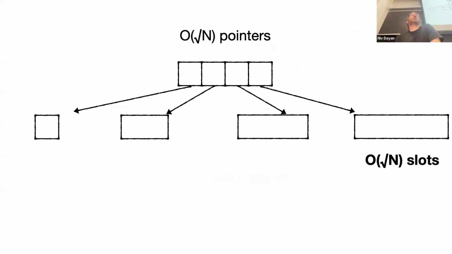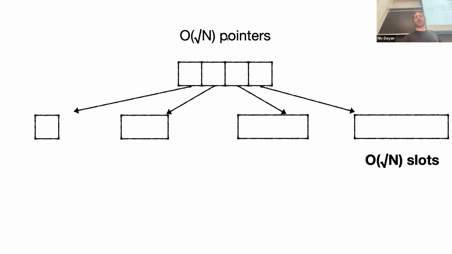I am then also going to guarantee to you that the size of the largest block is not going to be exponentially larger, but basically proportional to square root of n. What does that mean about space wastage? It means that when I allocate a new block in the system and that block is size square root of n, I'm wasting at most square root of n slots in the largest array.